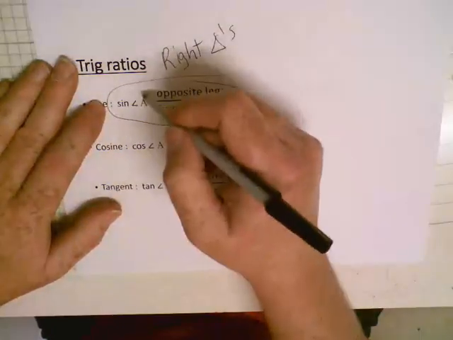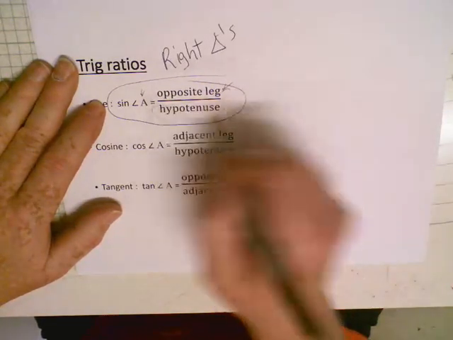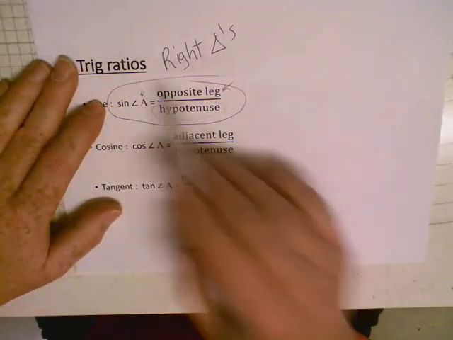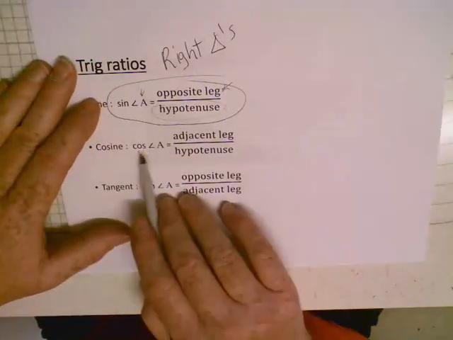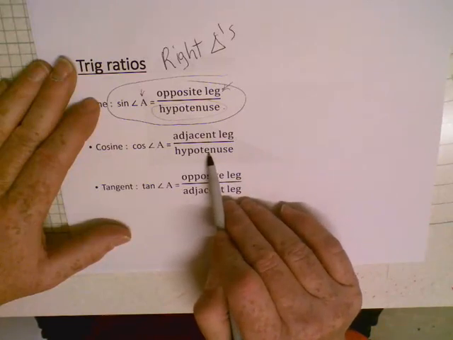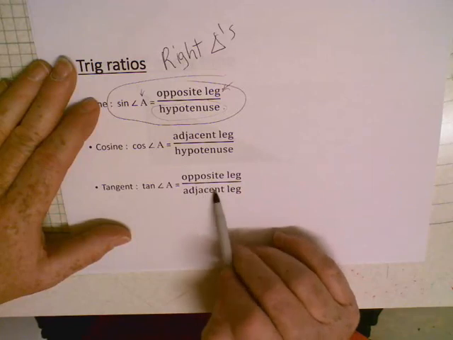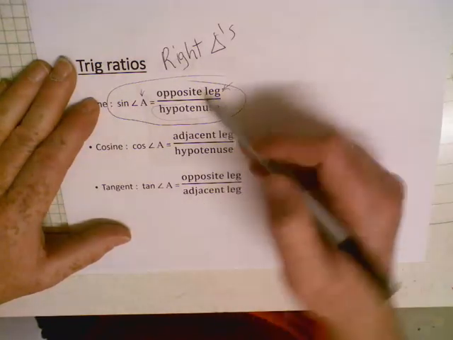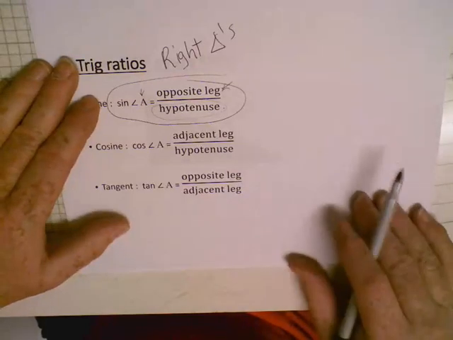Maybe we know the angle and the opposite leg, and we're trying to find the hypotenuse. We're going to know two of these three parts in each one. Cosine of angle A is the adjacent leg over the hypotenuse. Tangent of angle A is the opposite leg over the adjacent leg. We're going to set up these equations and solve for the missing part, the part that we don't know.